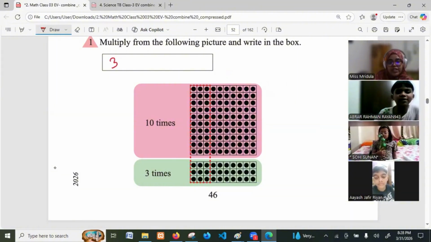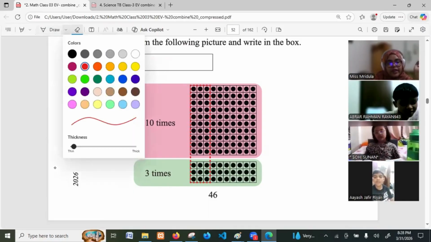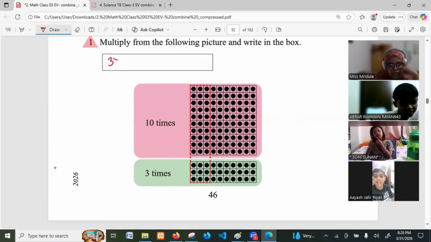The total is 130. Yes, that will be it. But how can I put it? What can I write as my multiplicand and what can I write as my multiplier? 3 times 13, right? The one they have dotted. Or we can also write 13 times 3, right?